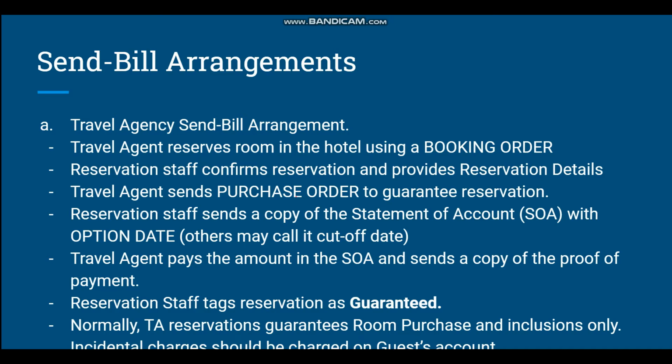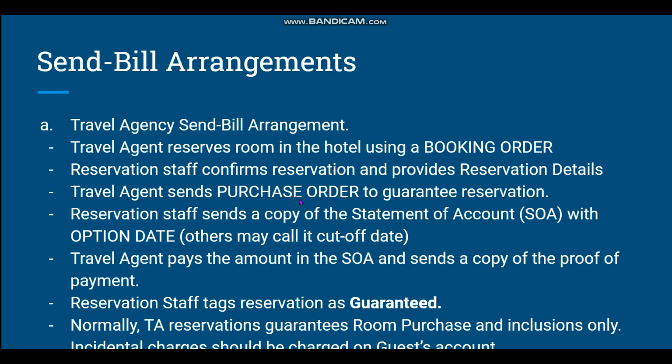After receiving the booking order, the reservation staff will confirm the reservation and provide the reservation details either by phone or email. Once the reservation has been placed, this is still a non-guaranteed reservation. We can only guarantee the reservation of a travel agent once the travel agent sends a purchase order.